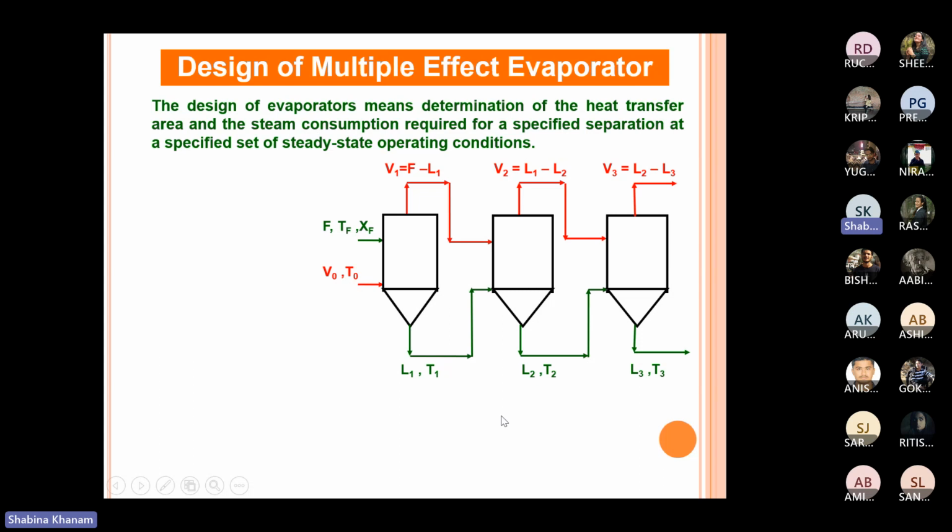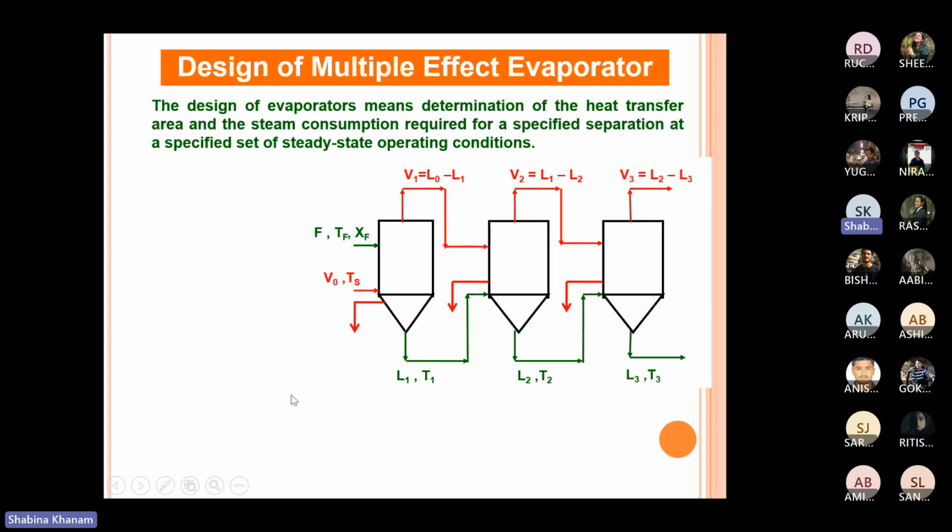Now, when the steam enters, the condensate exits. Vapor enters, condensate exits. So in that way you can have the condensate exit also, which we have not shown in the earlier diagram, so that you can see.